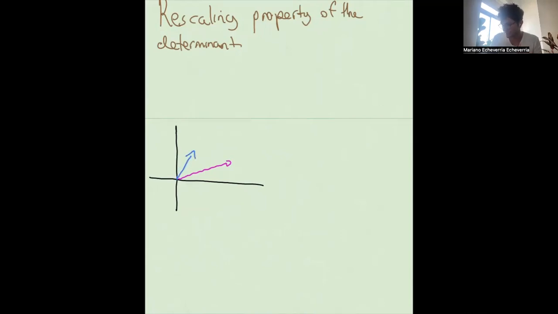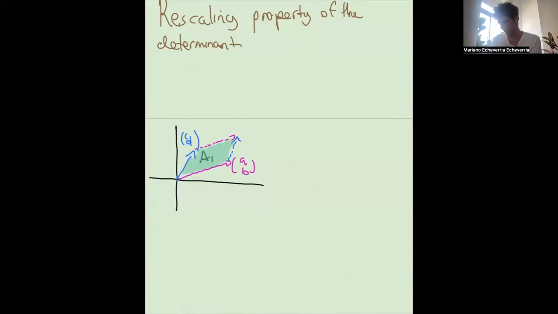So boom, boom, boom, you can make the parallelogram. So let's say this vector is AB, and this vector as always is CD. And now you rescale the vectors. So let's call this area 1.